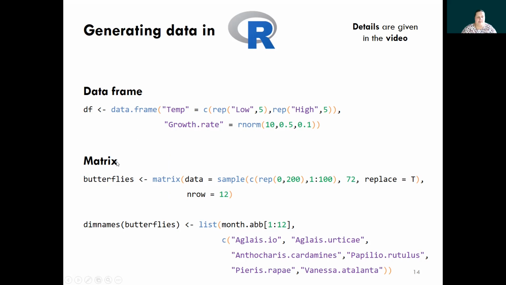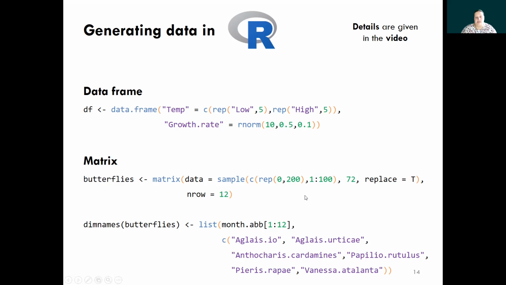To generate a matrix can be a little bit more tricky. You would use the function matrix, and then you would first start by adding the data. I'm using the function sample, which is basically taking a certain number of elements, which I have specified here to be 72, out of a range of numbers. What I did here is that I first created a vector that has the number 0 replicated 200 times, and then the numbers 1 to 100.